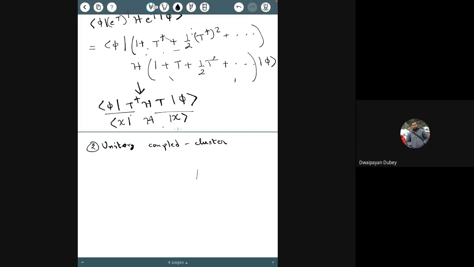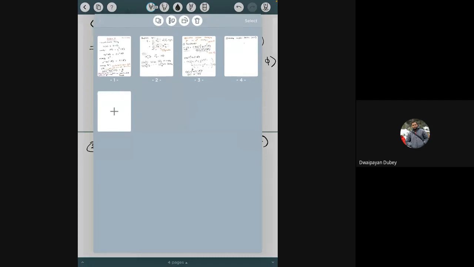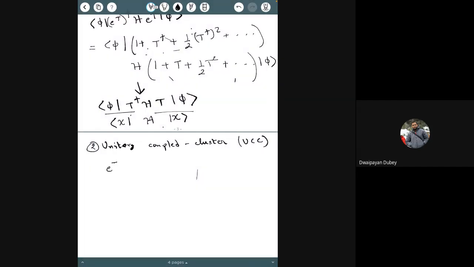So what is unitary coupled cluster theory? Unitary coupled cluster theory, sometimes called UCC, is where instead of e to the power T, as in the original, you take e to the power T minus T dagger.